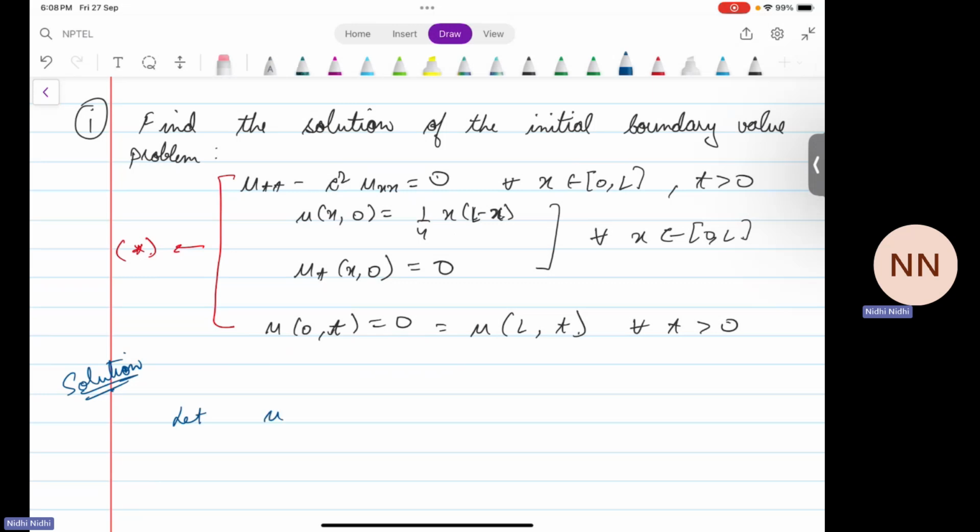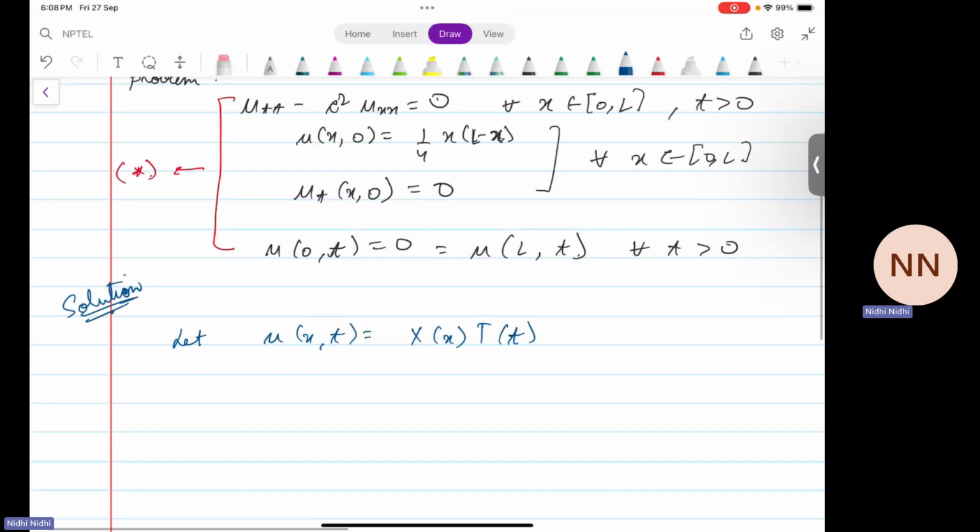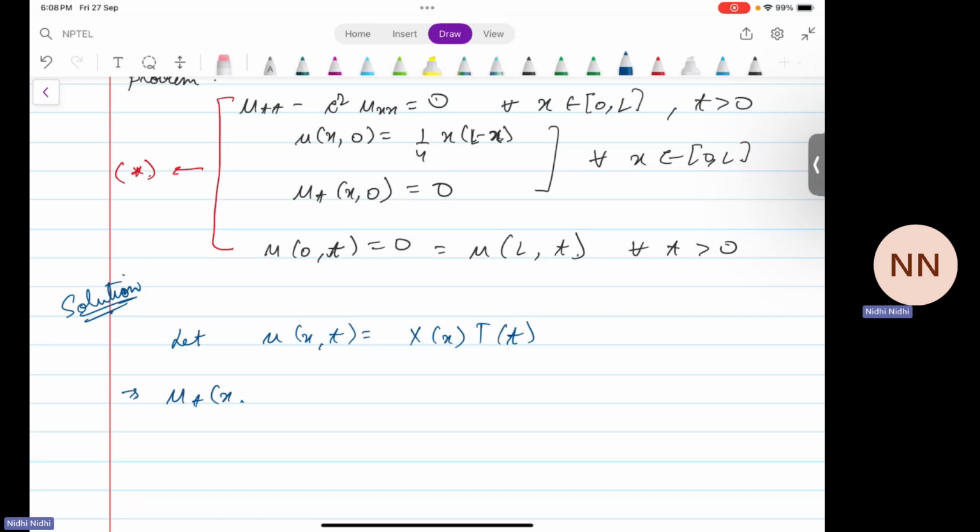Let u(x,t) be equal to X(x)T(t). This implies u_t(x,t) is X(x)T'(t), u_tt(x,t) is equal to X(x)T''(t).